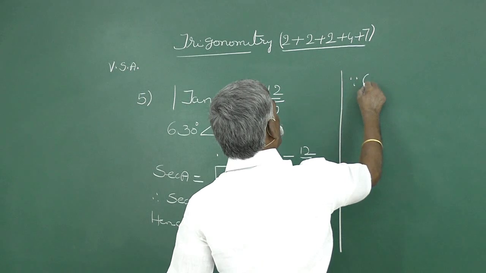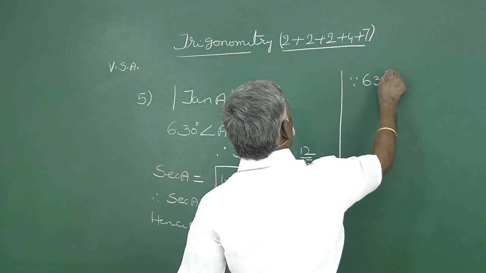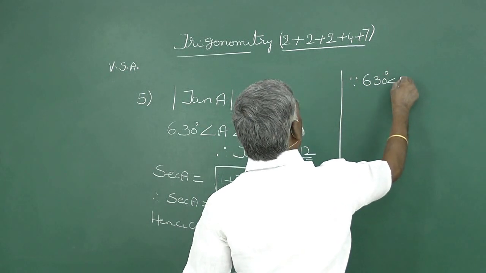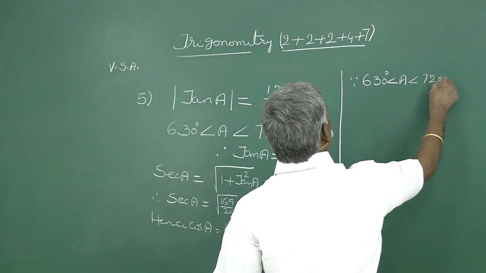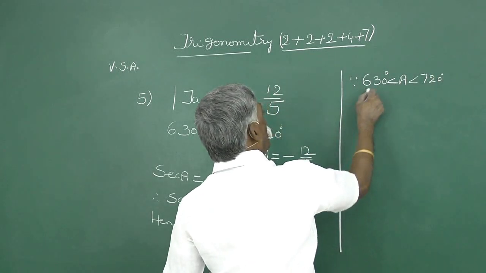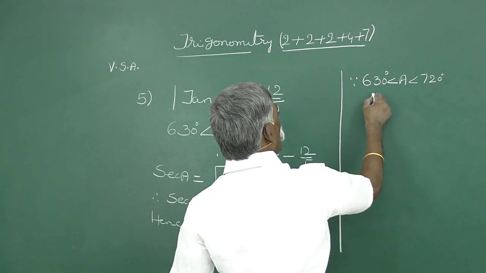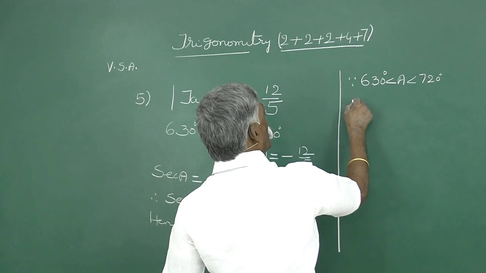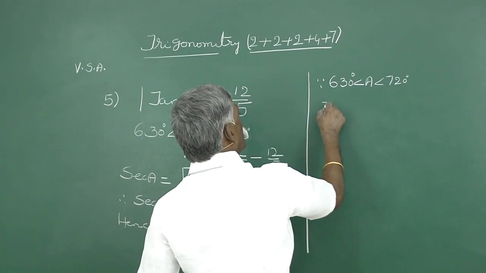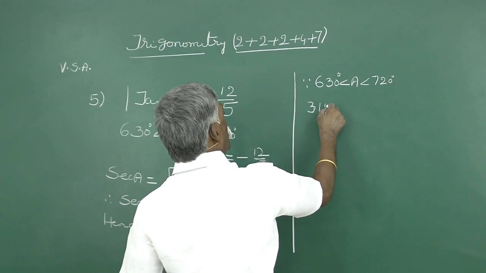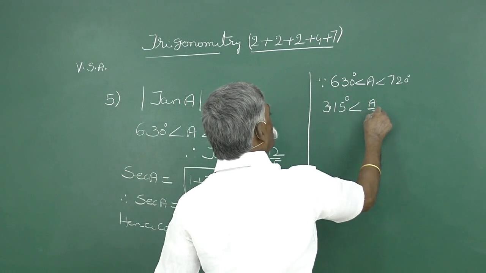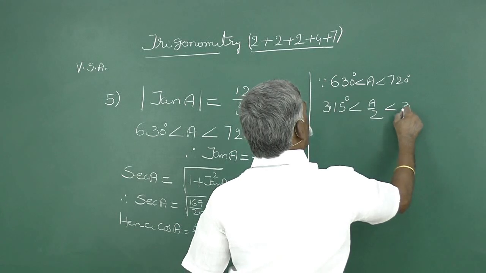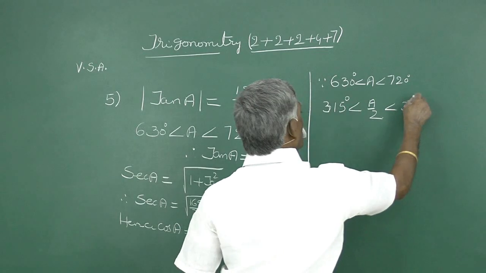Since 630 is less than A is less than 720, by dividing throughout by 2, we get 315 degrees less than A by 2 less than 360 degrees.